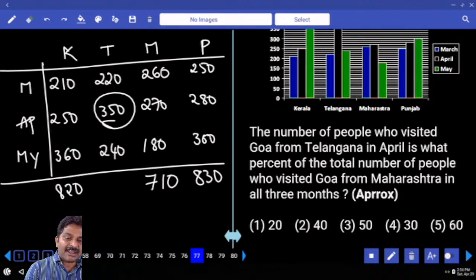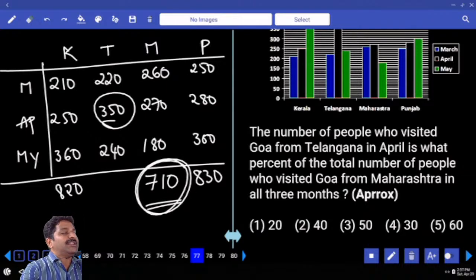So we were asked to calculate 350 as a percentage with respect to 710 only. Upon 710, what is 50%? 355. Our number is also very close to 355 only. So the answer must be nearby 50%.